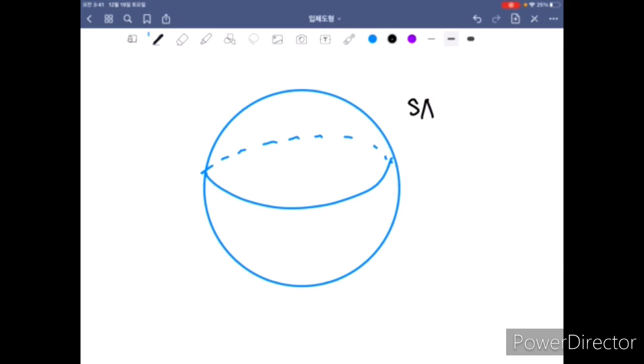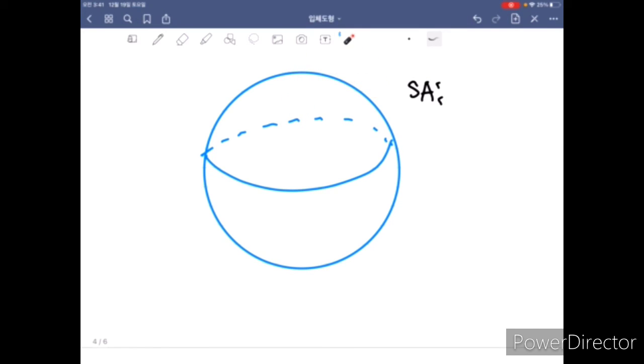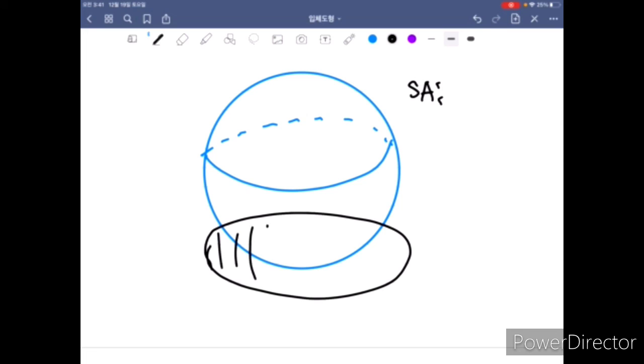If we have some kind of light here, then there might be a shadow, which has an area of pi r squared.